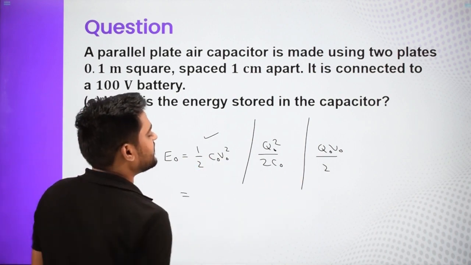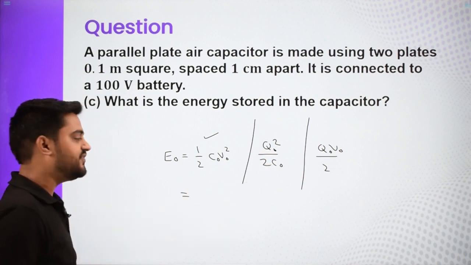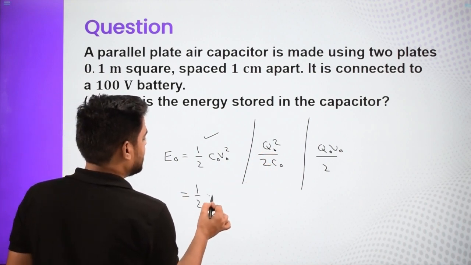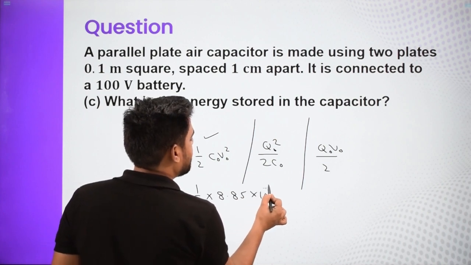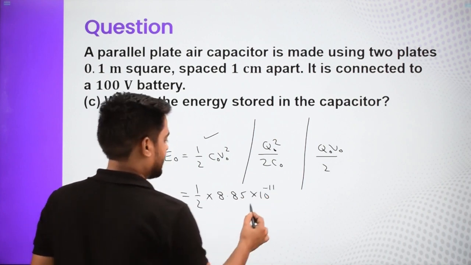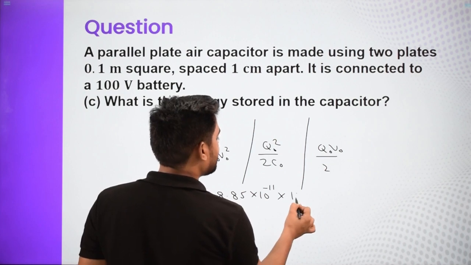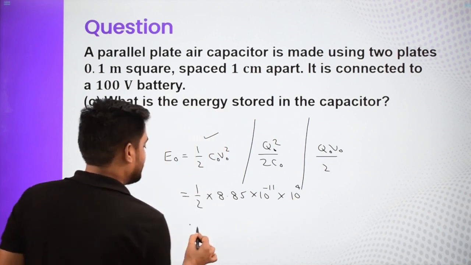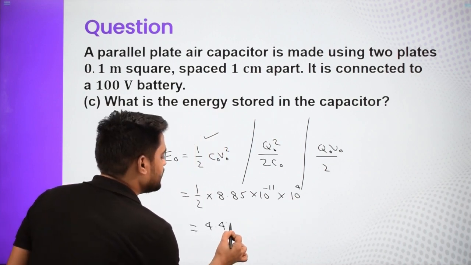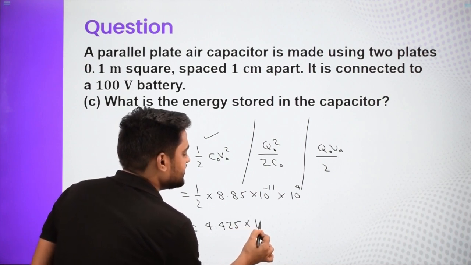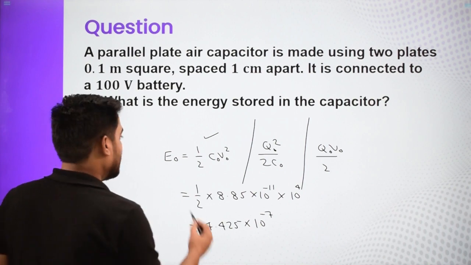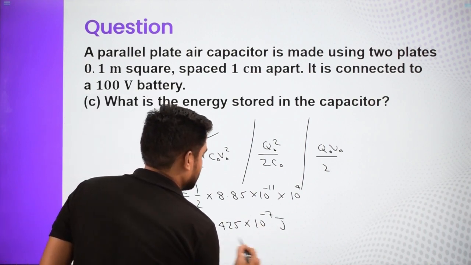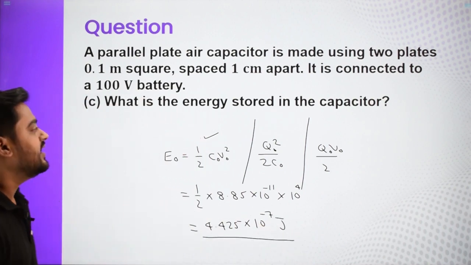You can choose the other two as well, as we have already found the charge in the previous question. So it is half, C naught is 8.85 into 10 raised to power minus 11, into V naught squared, so 10 raised to power 4. That gives me 4.425 into 10 raised to power minus 7, and this is joules. So this is the energy stored in the capacitor.